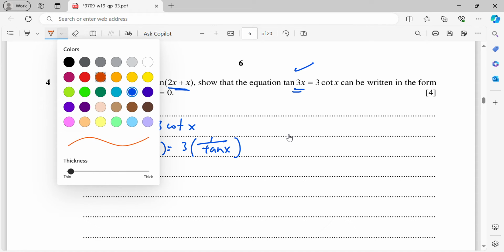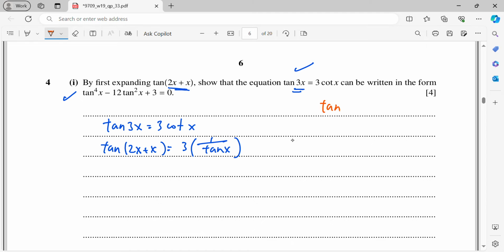Okay, now use the formula tangent a plus b, which is tangent a plus tangent b over 1 minus tangent a tangent b.